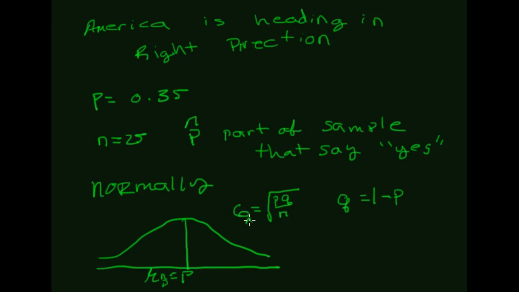And the standard deviation of the P hats is going to be the square root of P times Q over N. All right, so that's the mathy details of this.